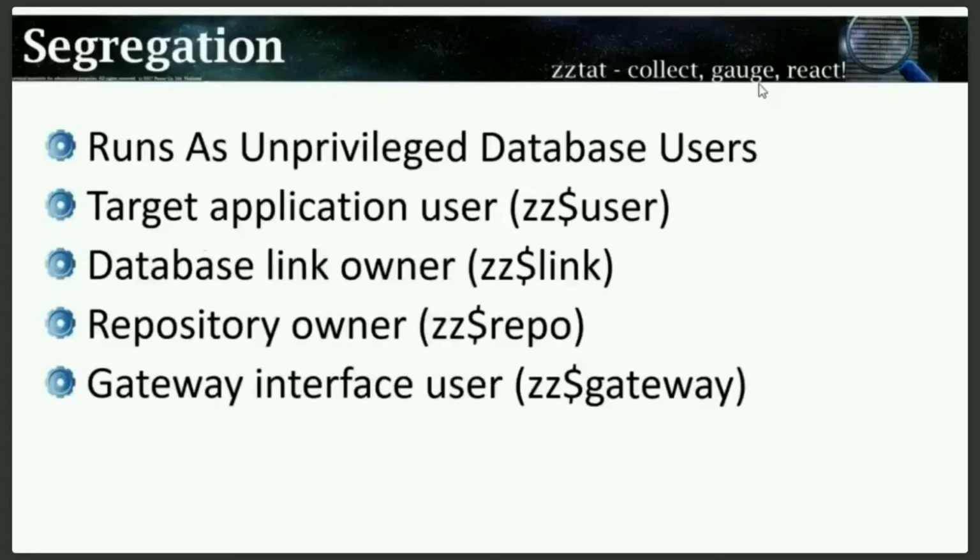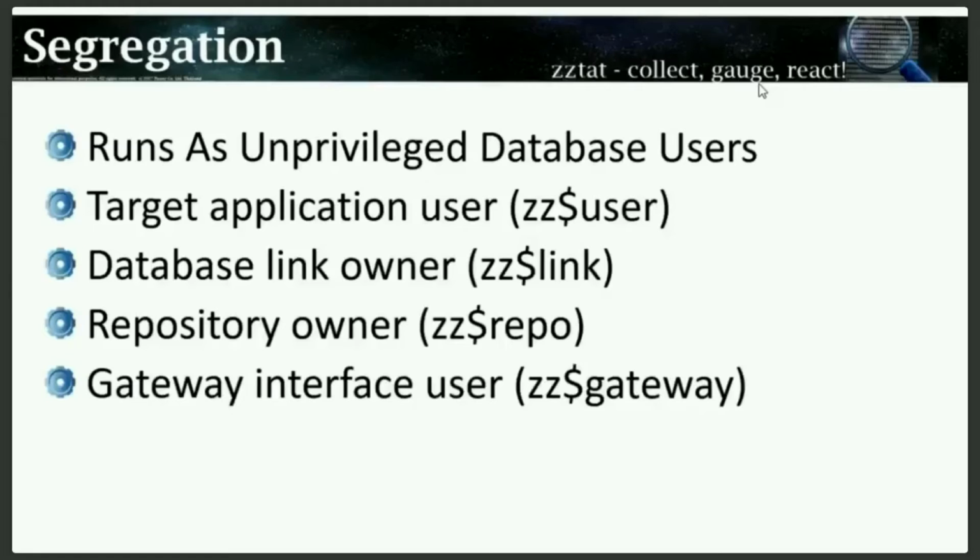So the entire framework runs as normal unprivileged database users. So we have the target application user and the database link owner, which are existing on each target Oracle database. By default, they're called cc$user and cc$link, but you can change that. It's not hard-coded anywhere in the code or in any script or anything.